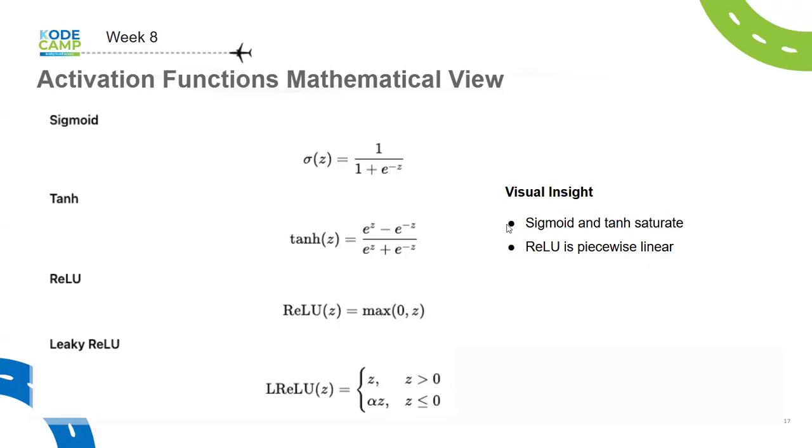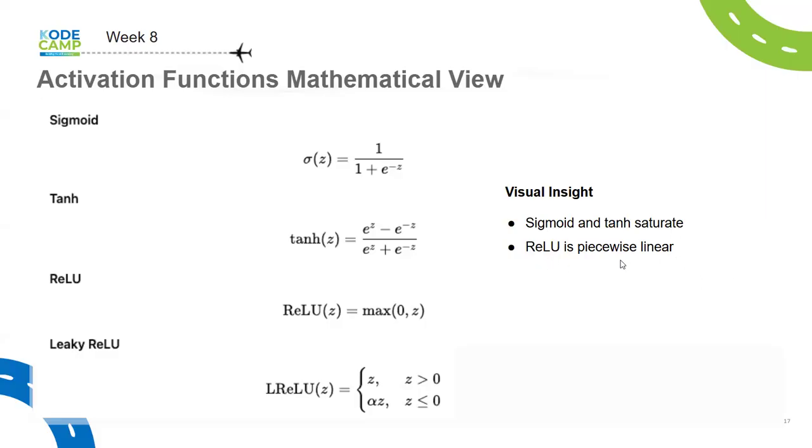The sigmoid and tanh tend to saturate because they have a maximum value. No matter how high the input, the output never goes above 1. It never goes below -1 for tanh or 0 for sigmoid.